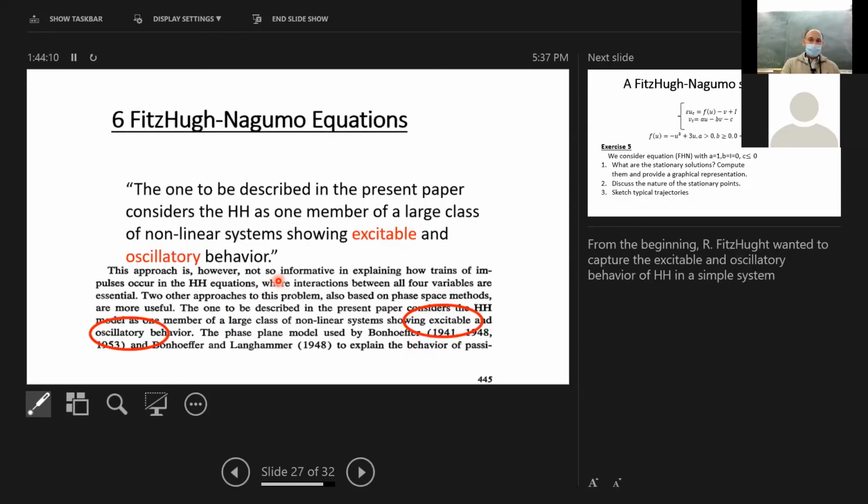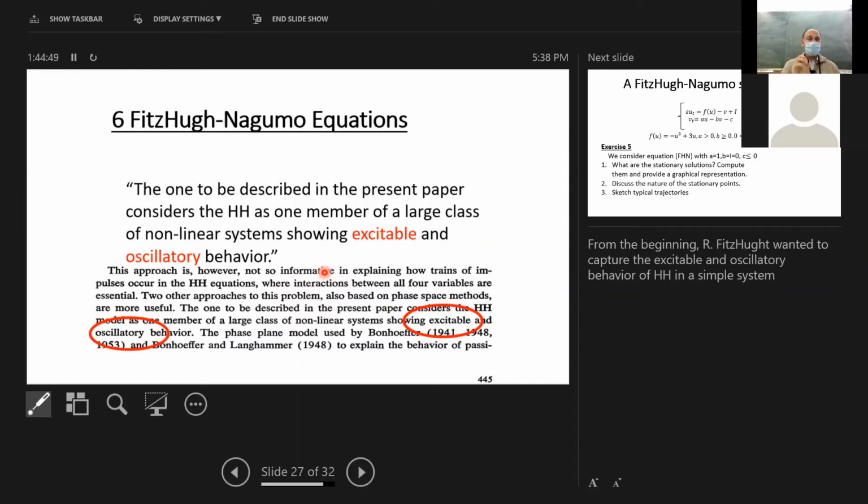So, as we have seen in the examples, the Hodgkin-Huxley model has the property of excitability, and it also has oscillatory solutions. You've seen that, right? In the pictures. I told you about action potential spikes and also periodic solutions like your heart. So Richard Fitzhugh wanted to find, so the Hodgkin-Huxley has 4 variables, right?